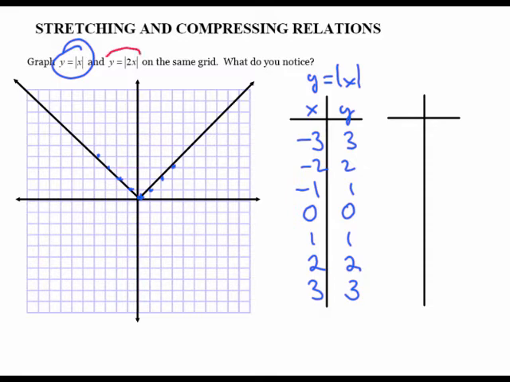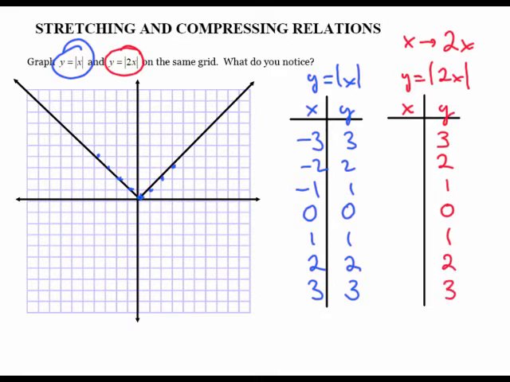So now what I'm going to do is take x and replace it with 2 multiplied by x. And so I've made a change to my x, and the way I'm going to think about this is how do my x values in my table change to produce the same y values that they did before. So if I take the point 0, 0, we know that 2 times 0 is 0, and that'll output 0.